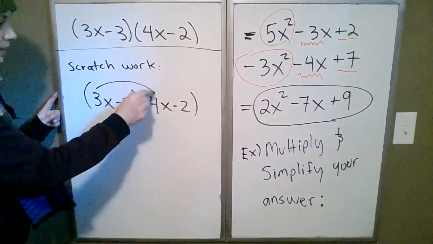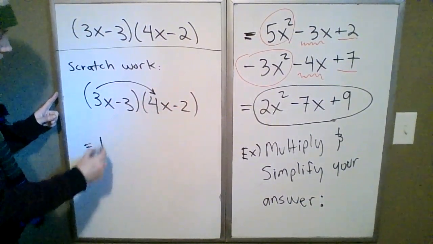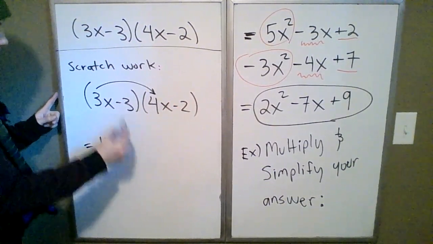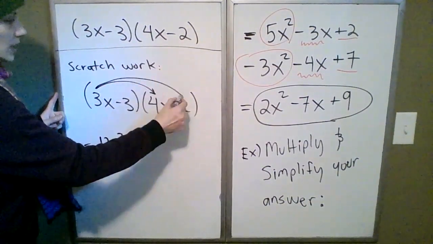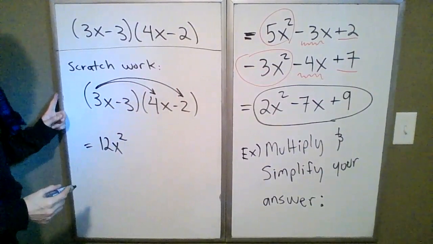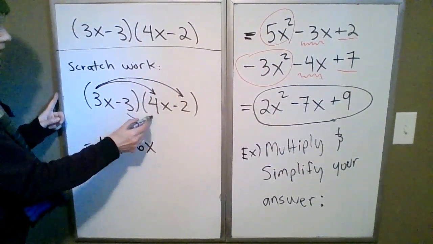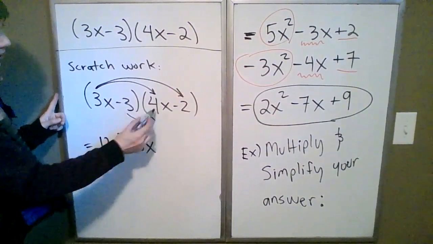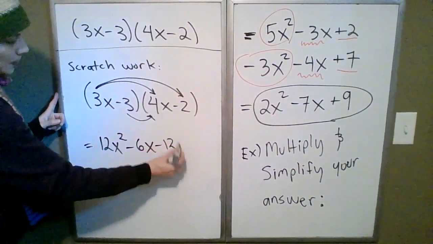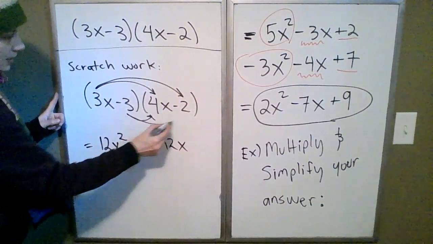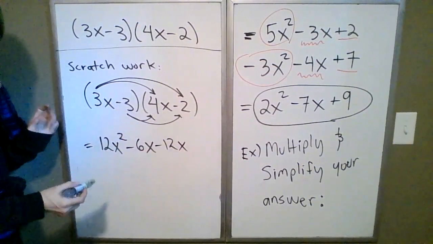It's first, outside, inside, last. The first terms are here. 3x with 4x is 12x squared. Outside would be 3x times negative 2, which is negative 6x. Inside is a negative 12x. And the last part would be negative 3 multiplied with negative 2, positive 6.